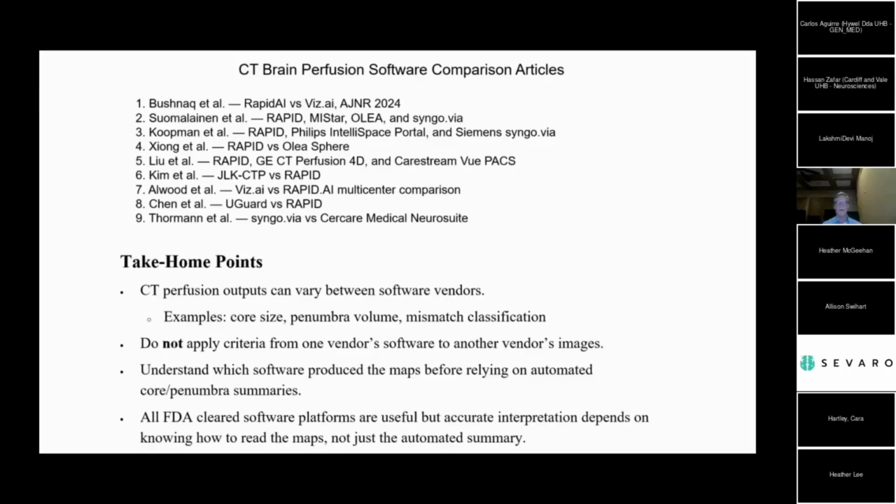So my advice is to not apply the criteria from one vendor to another person's images. Use the vendor's recommendations when you interpret the exam. So know who the vendor is and what their software recommendations are before you read the study. Also, again, this is one more reason why I think you need to learn to read the individual perfusion maps and not just jump to the summary map.